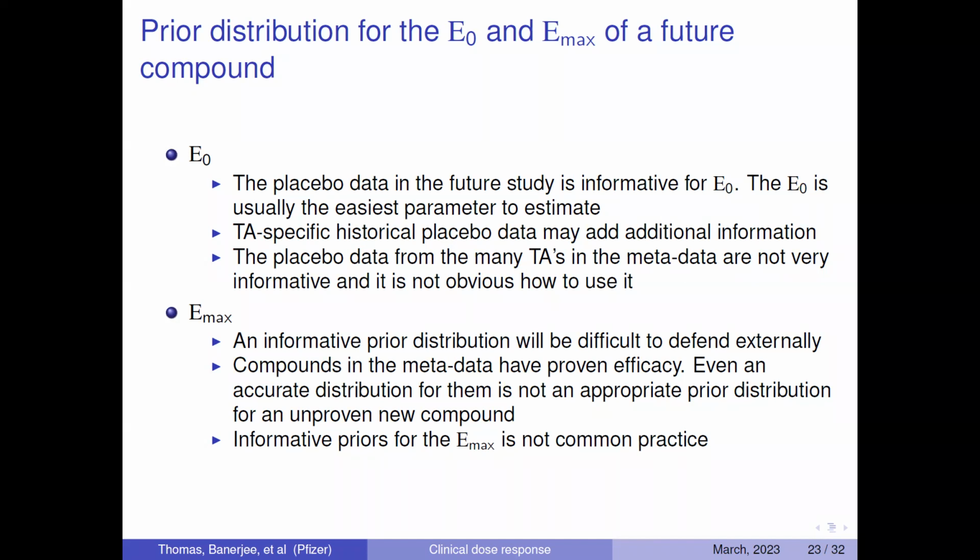So the metadata would be much too optimistic for a new compound. Now, in practice, as I mentioned earlier, informative prior distributions for Emax are just really rare. I've never actually seen us do this.